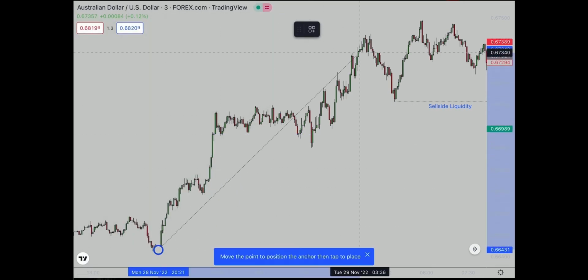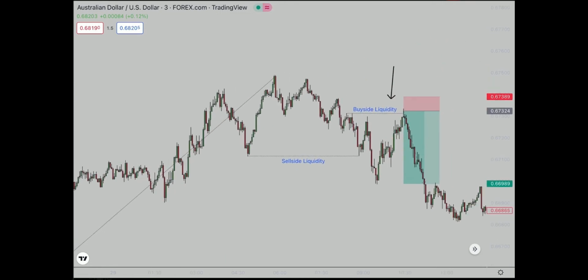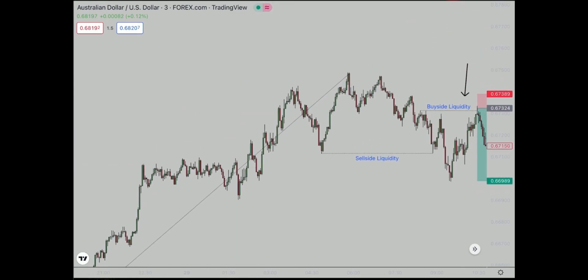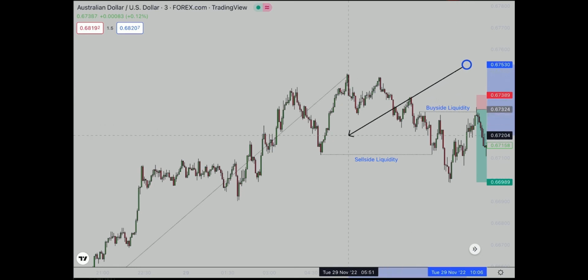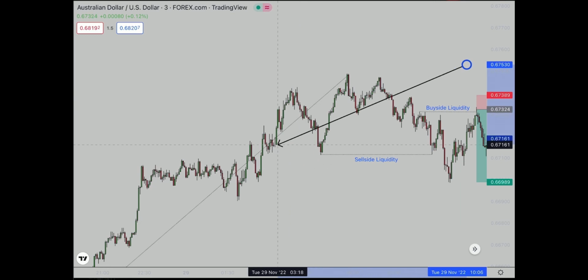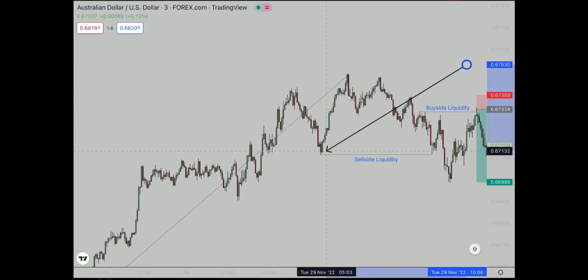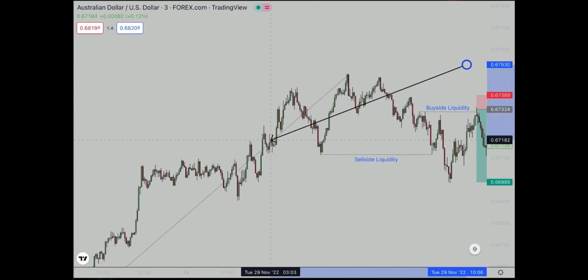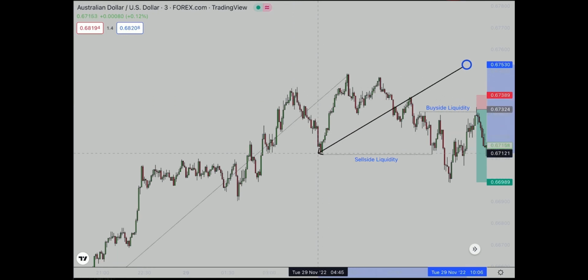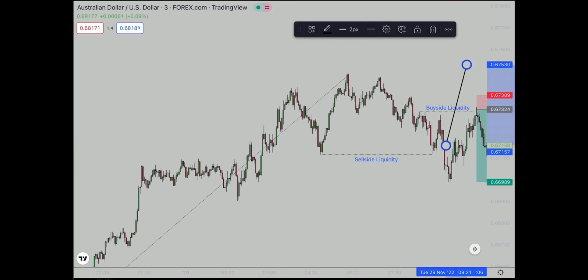But right here, this is a lower high, which means that if this is taken out, there is something called a market structure shift. Okay, and here it plays out here also.